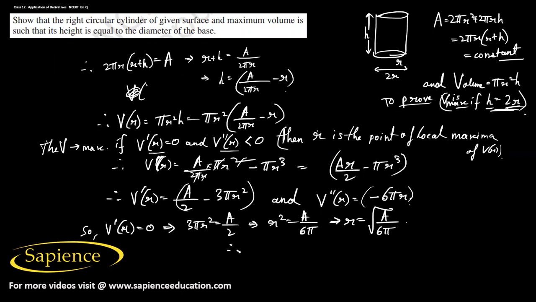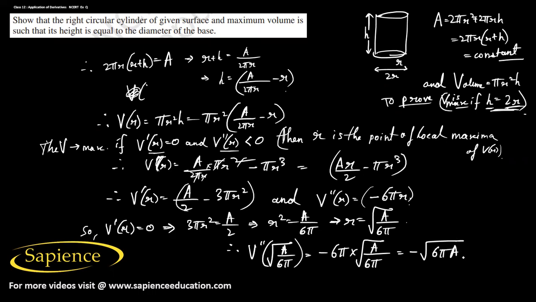Now for v double dash of root over a by 6 pi, that will be equal to minus 6 pi into r, that is minus root over 6 pi a, and v dash r is 0.